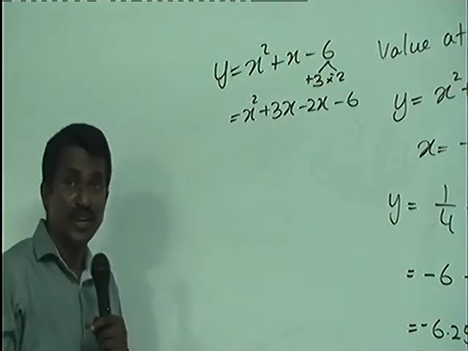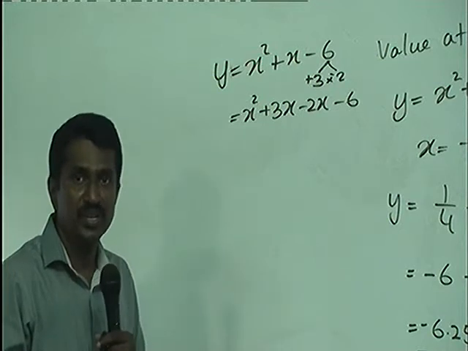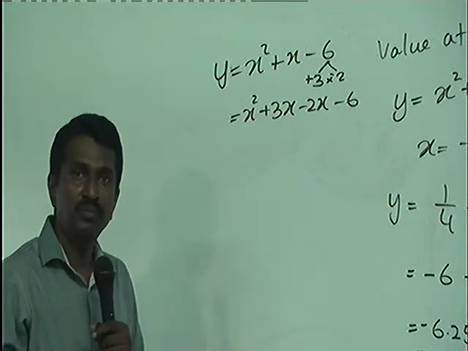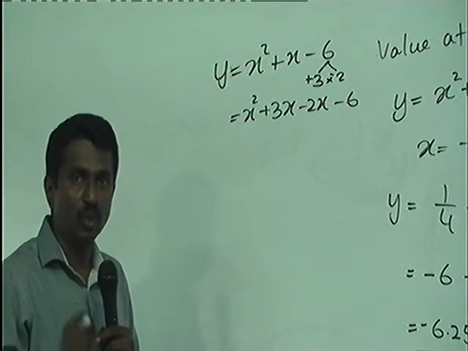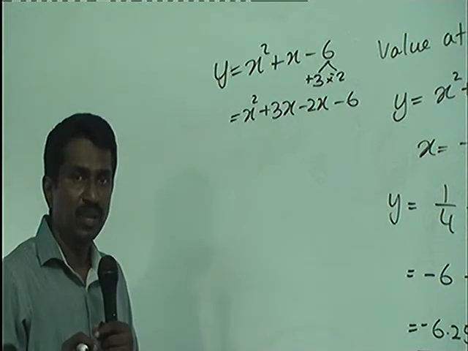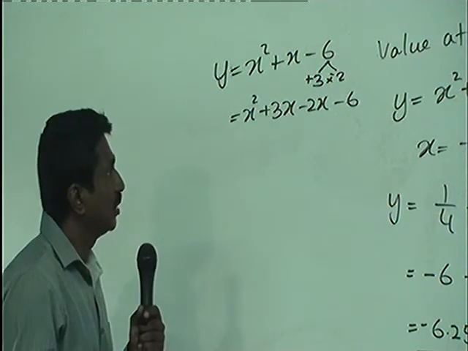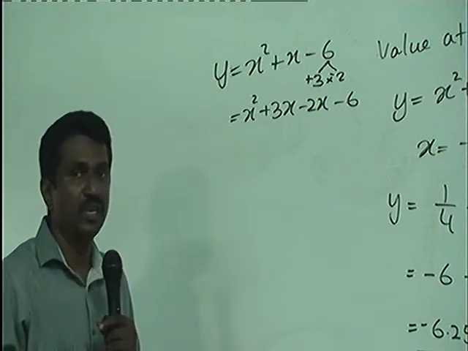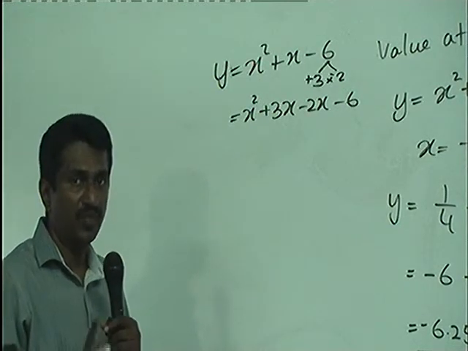Or maybe you can use the calculator. For quadratic equations, use your calculator, go to the equation mode. Press the mode key 3 times. Then you get EQN. Press 1.